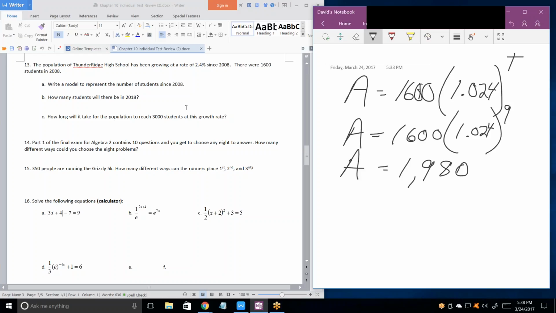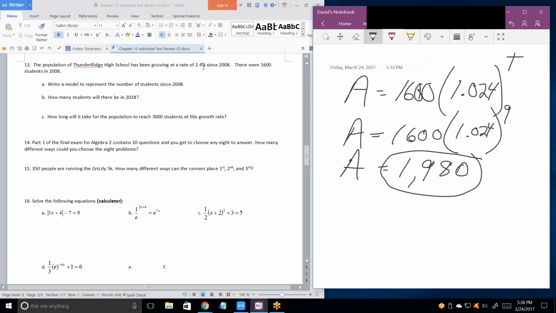And you know it's not growing at an outlandish rate. When we were compounding money, 2.4% is a very small growth rate. So it's not going to go to 16,000. It's not going to increase by a factor of 10. So increasing by a factor of about 24% makes perfect sense.